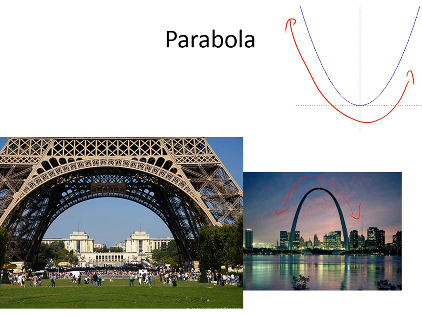This is just an example of different parabolas you might see, and it's easy to find other ones around. If you take a flashlight and put it up against a piece of paper or the wall, you can create a parabola. Those are just different examples of what a parabola is.